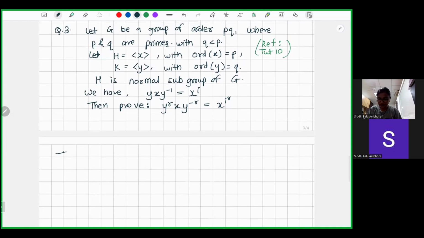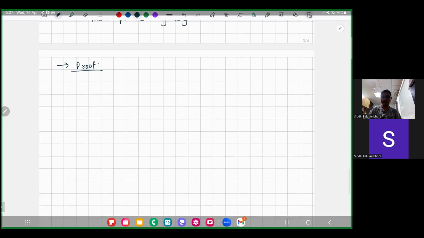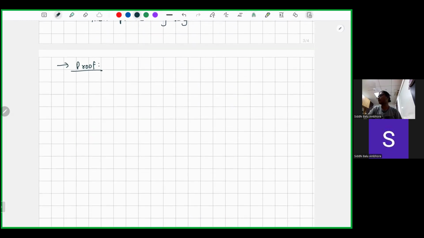So let us see how to prove it. I'm doing this because we could not do it the other day. So how to proceed: we have y x y inverse is x power i, right?